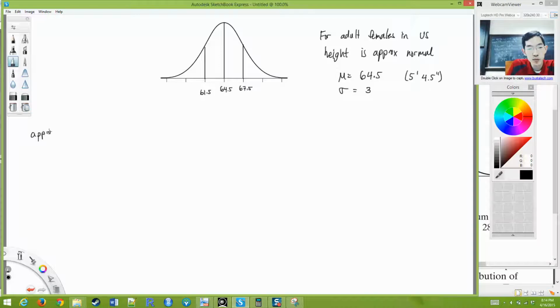Approximately, what percentage of women in the US have heights lower than 61.5 inches? Okay, don't shout out your answer, but think about this.